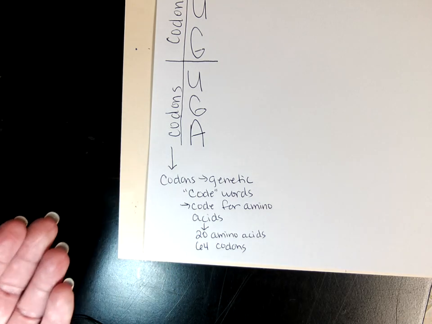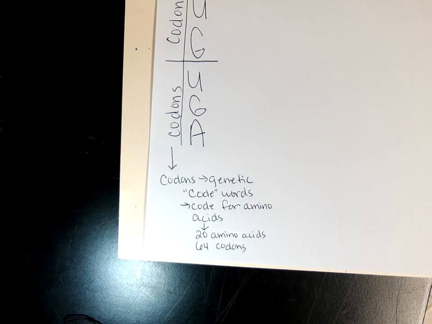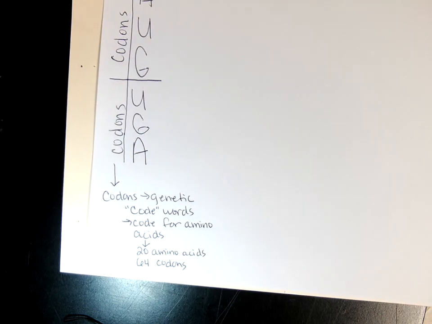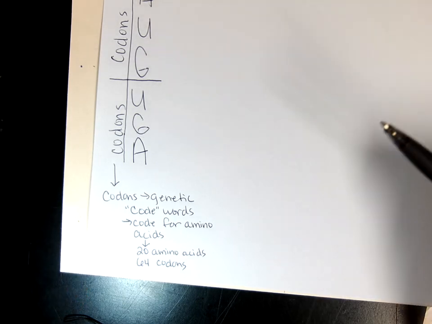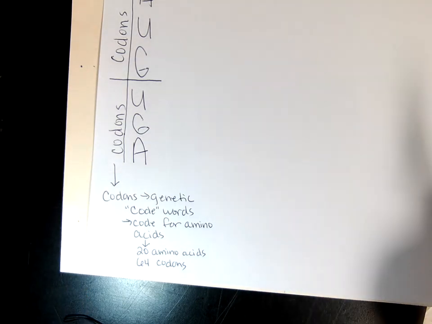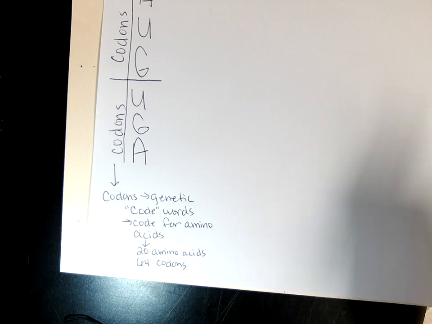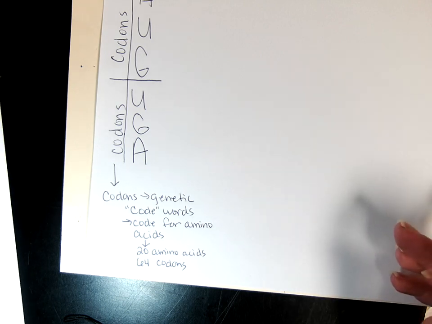Alright, so now I'm going to show you how to use this genetic code chart. There's a couple of different versions of this chart, but both of them work the same way. It's all about taking the genetic code, deciphering it, and determining what amino acids it codes for. And these amino acids will build our proteins.